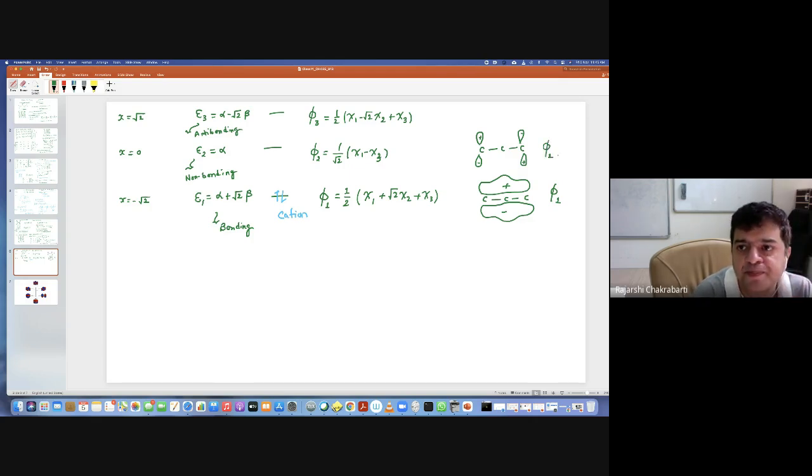What about phi 3? I'll draw it here. It should be here, but since I don't have space, I'll draw it here. Phi 3, look at it. It is very similar to phi 1. Only the chi 2 has a negative sign, isn't it? More contribution, but negative sign. So this will give you something like this.